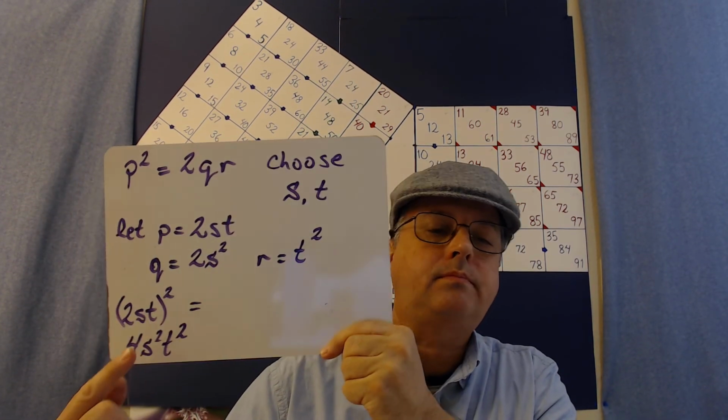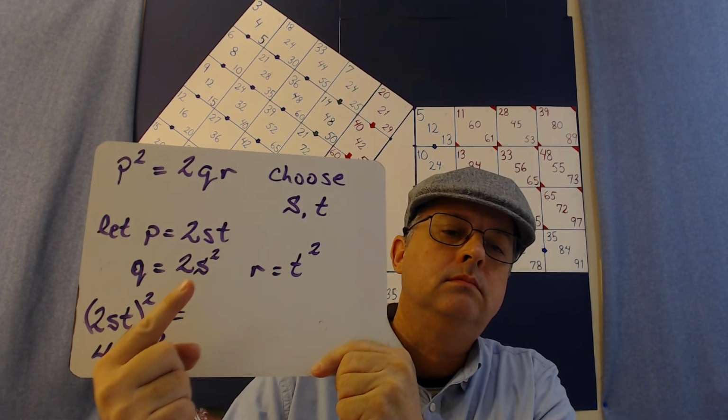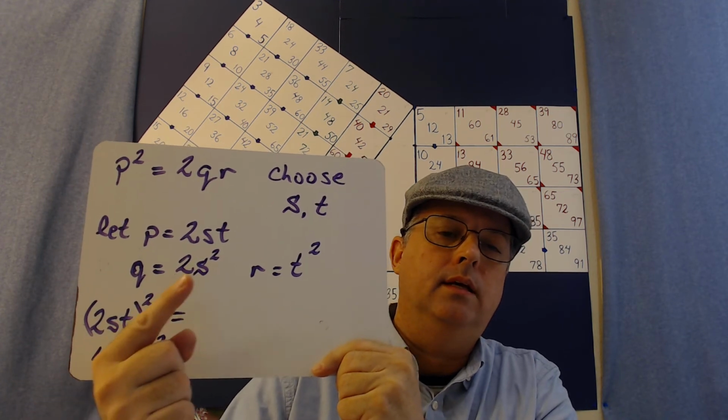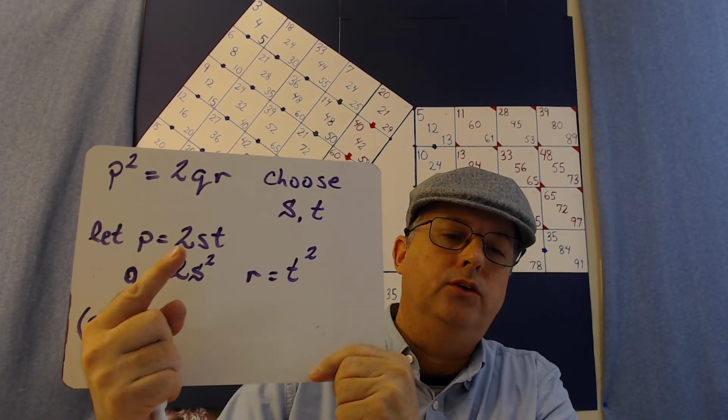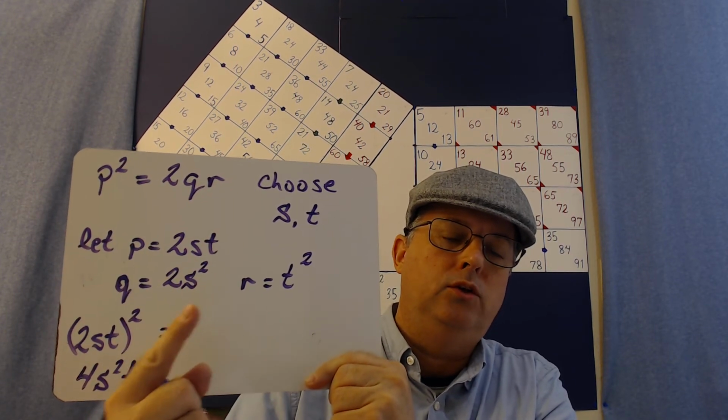And then we can have the 2, and then q will be 2s squared, so we'll have 2 times the q value, 2s squared, times the r value, t squared.